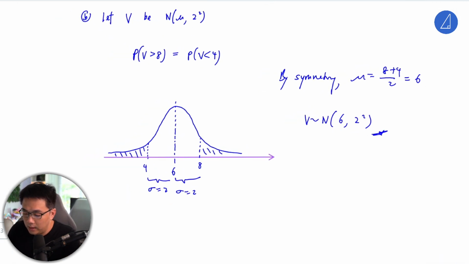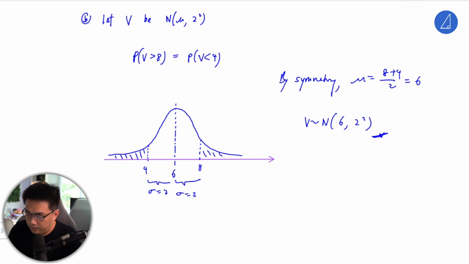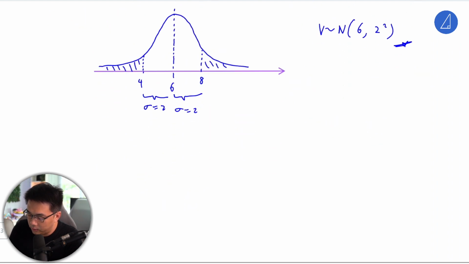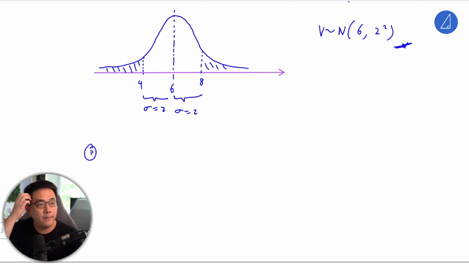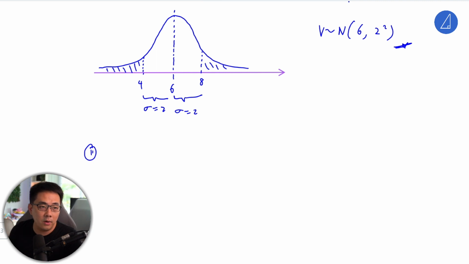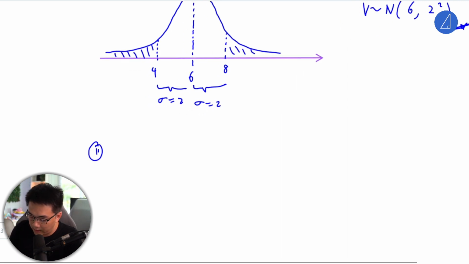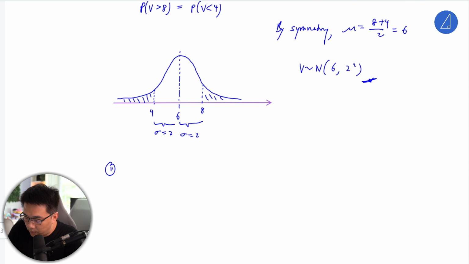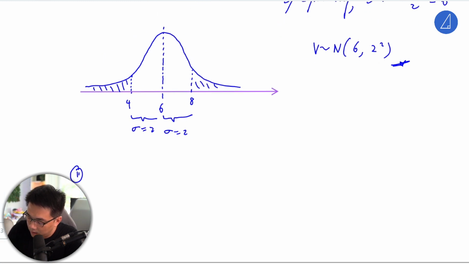So this is part 1 obviously. Part 2 is that on your sketch, shade the area representing P(V more than 10). So we know that 10 will be roughly here. I shaded this region, and I will use another color here. So this is P(V more than 10). State its value.